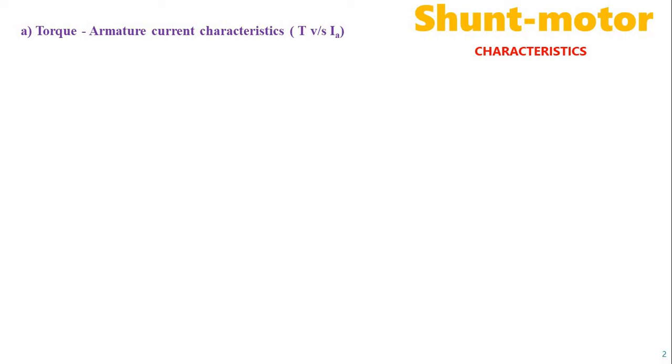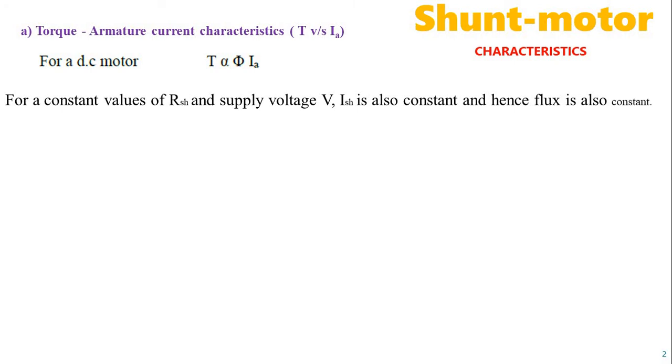And from the torque equation, we know that torque is given by 1 divided by 2 pi phi into Ia Pz by A. By keeping other parameters constant, torque is directly proportional to flux into armature current.